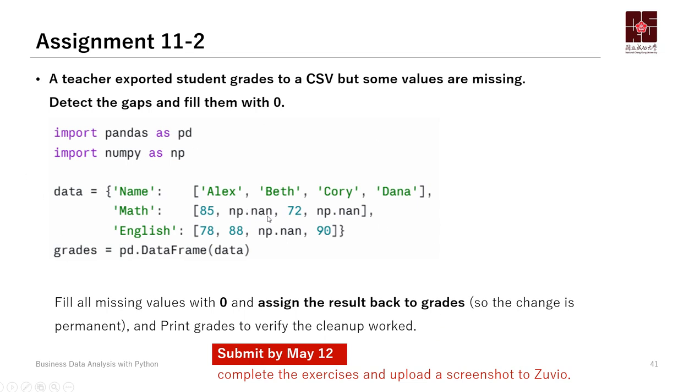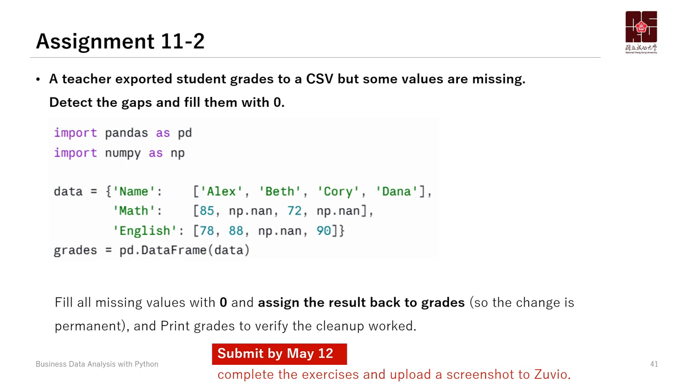Just change here and fill all the missing values with 0. And finally, please upload your screenshot to Zuvio by May 12th. It's the same as our assignment 11.1, just upload a screenshot to Zuvio.